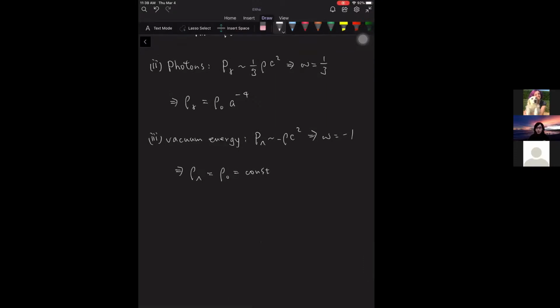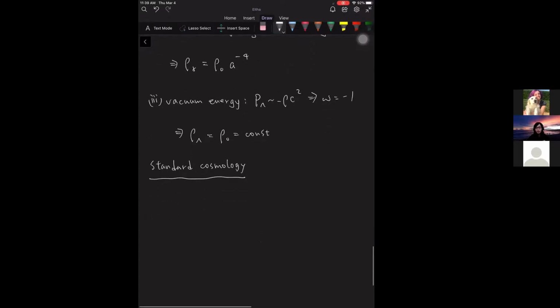In the standard cosmological model, using the Friedmann model, we have omega matter of about 0.3 and omega vacuum energy of about 0.7.